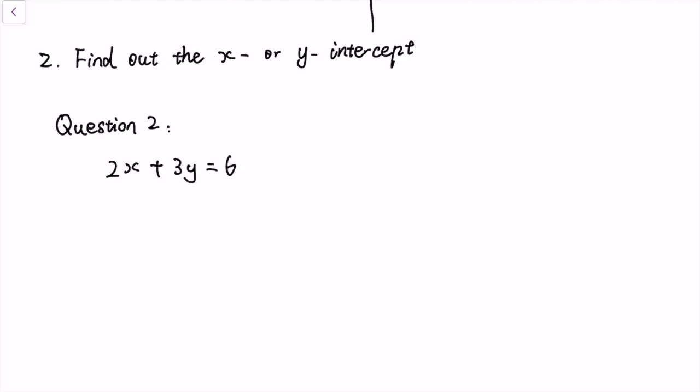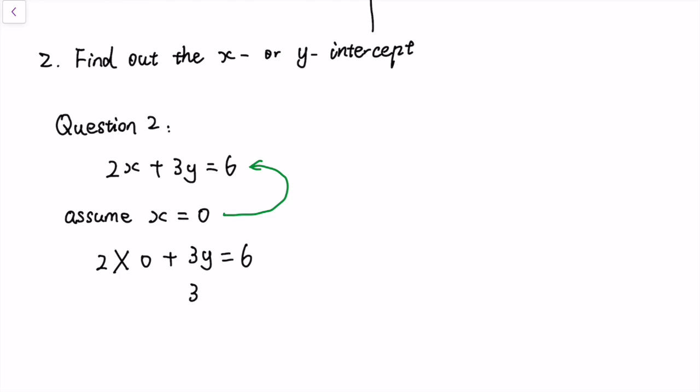First, you assume x equals 0. Then you put this into the equation and figure out the y value. 2 times 0 plus 3y equals 6. 3y equals 6. So y equals 2.